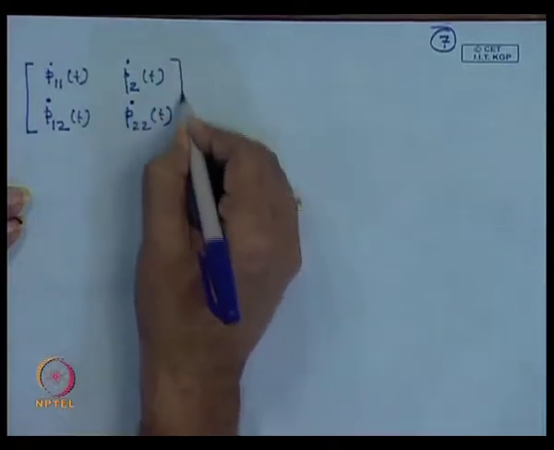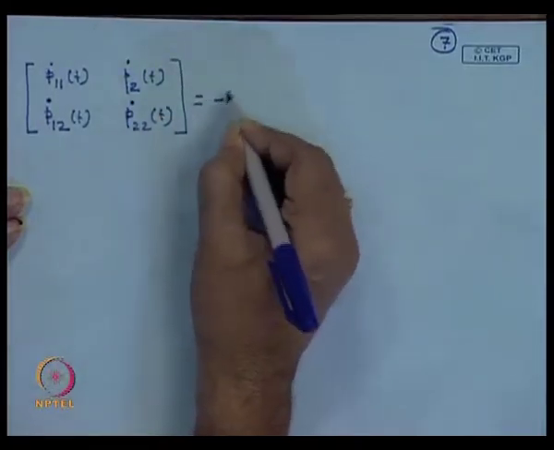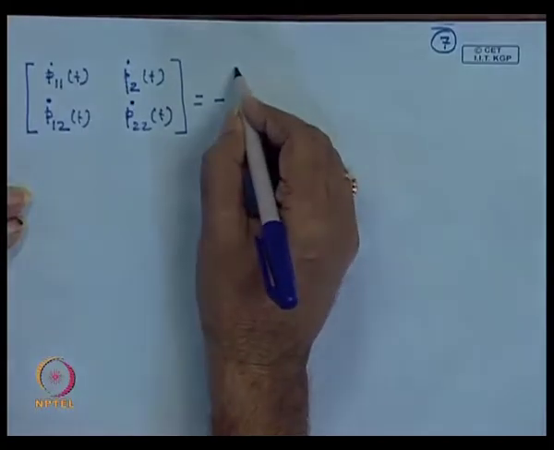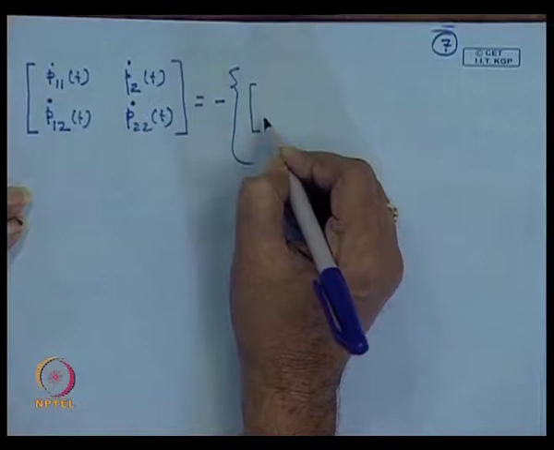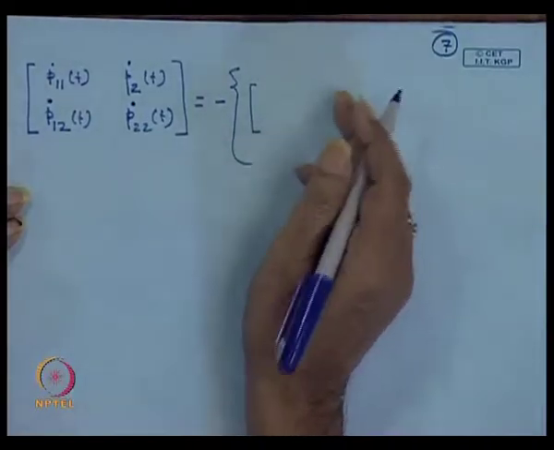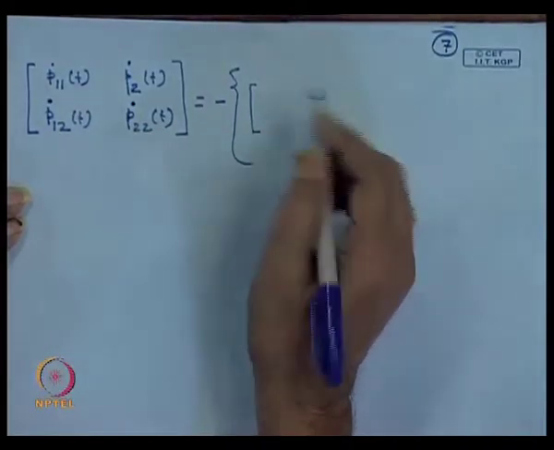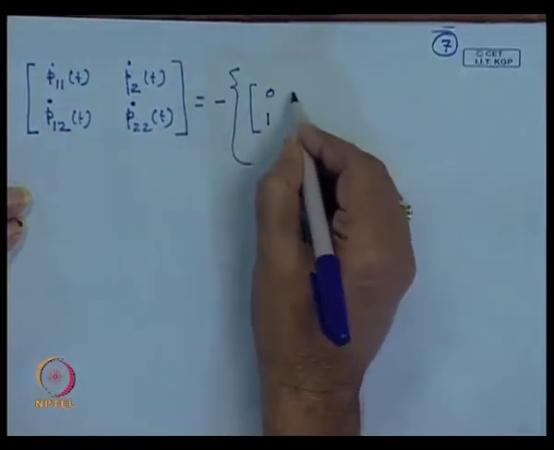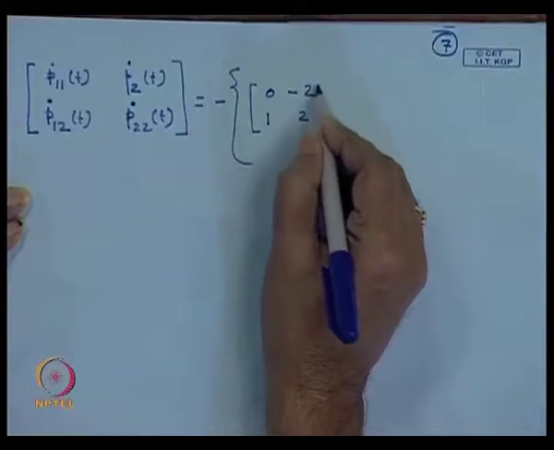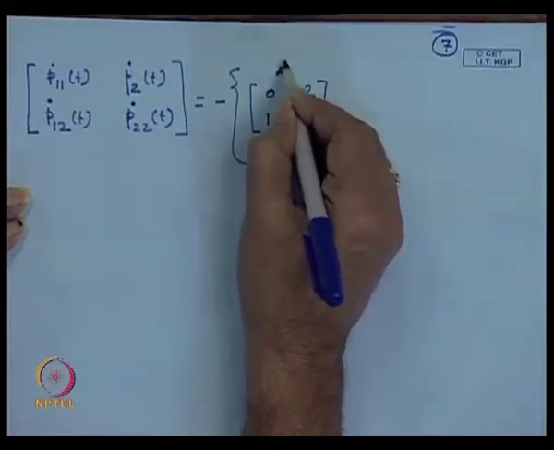This left hand side is equal to minus A transpose, where A is our [0 1; -2 2], so the transpose will be [0 -2; 1 2], this is nothing but our A transpose.